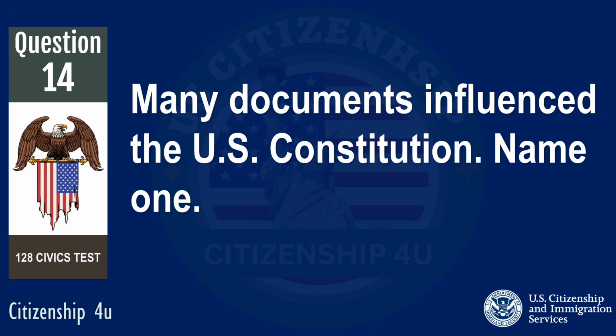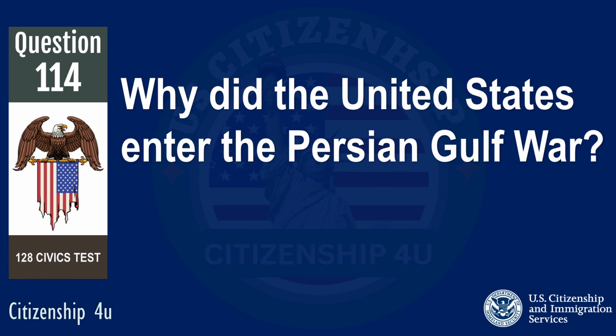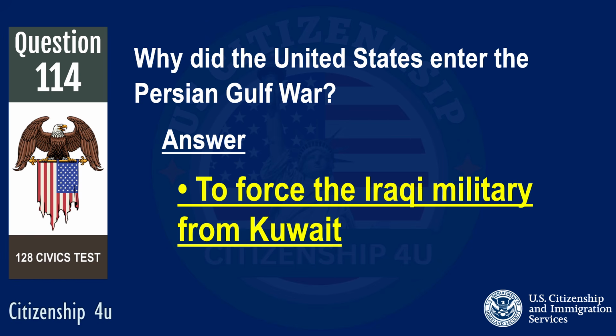Many documents influenced the U.S. Constitution. Name one. Federalist Papers. Why did the United States enter the Persian Gulf War? To force the Iraqi military from Kuwait.